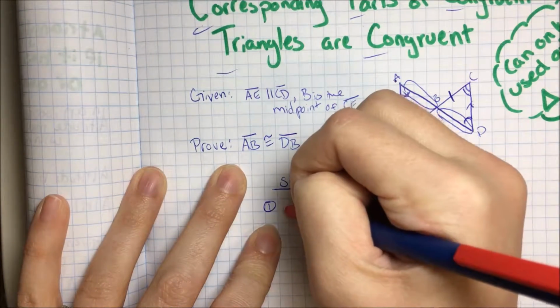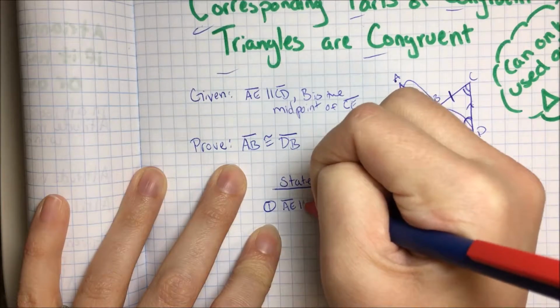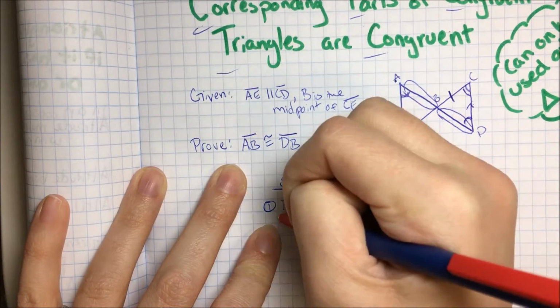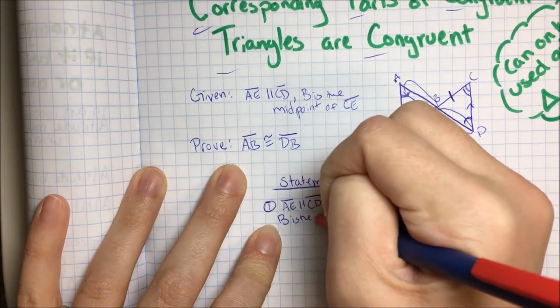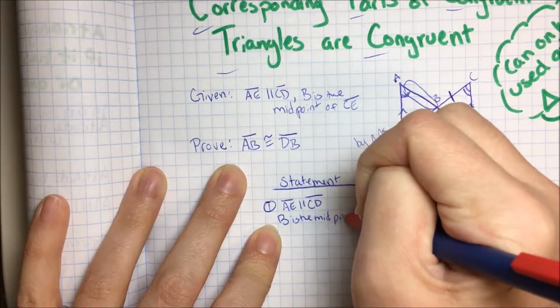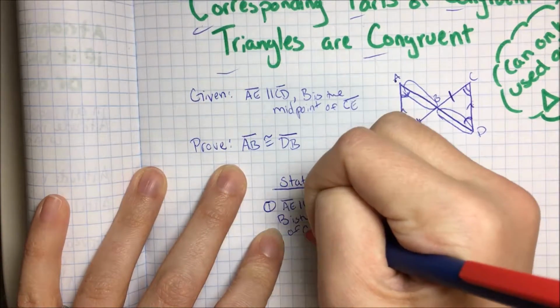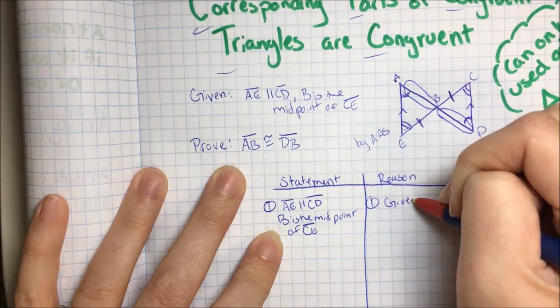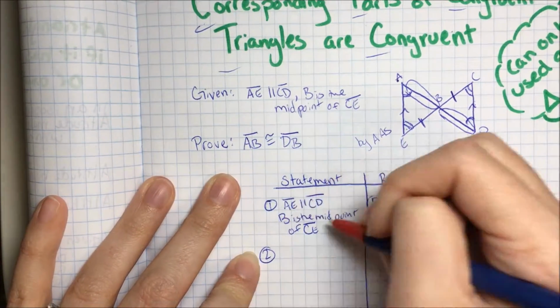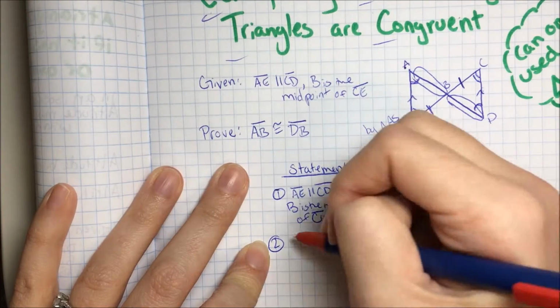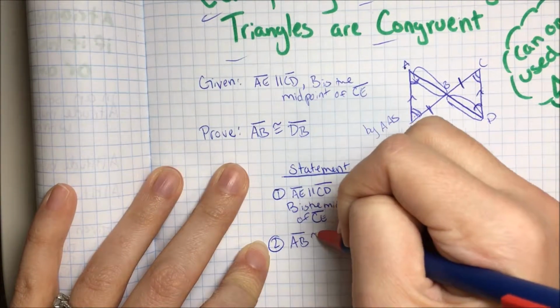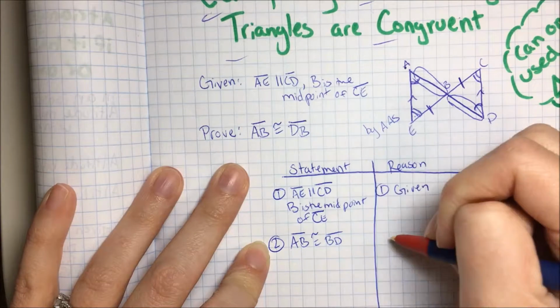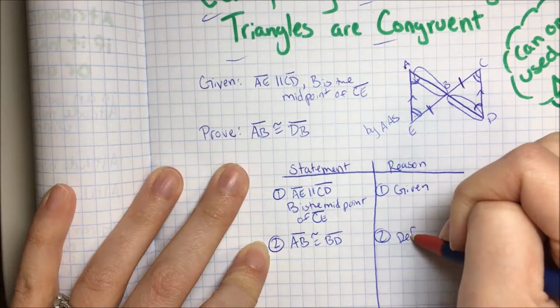So 1, AE is parallel to CD, and B is the midpoint of CE. Why is that? It's given. All right, I'm going to use my midpoint idea. AB is congruent to BD by definition of midpoint.